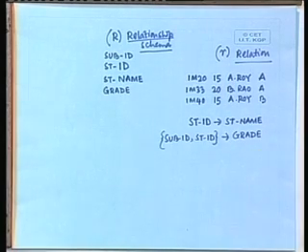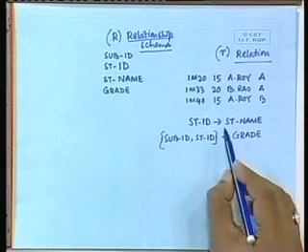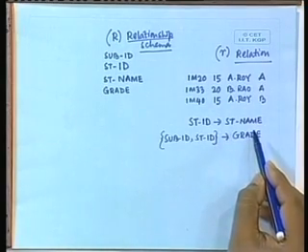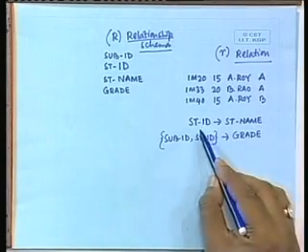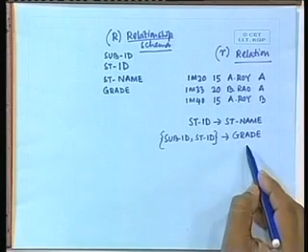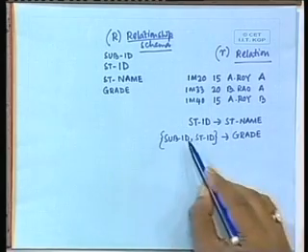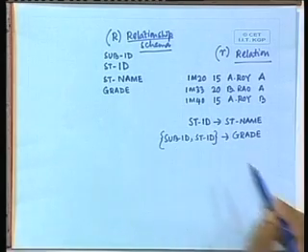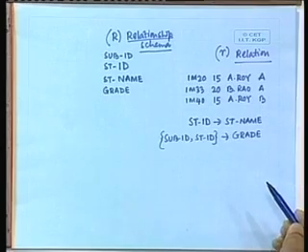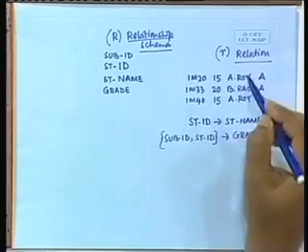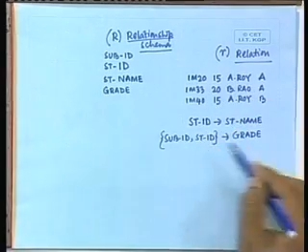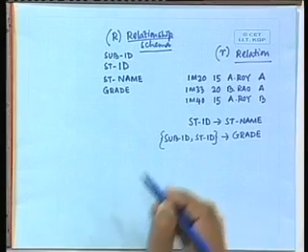So these are the two functional dependencies that are defined here. One is the student ID determines student name, or student name is functionally dependent on student ID, and the grade is functionally dependent on subject ID and student ID. Clear?